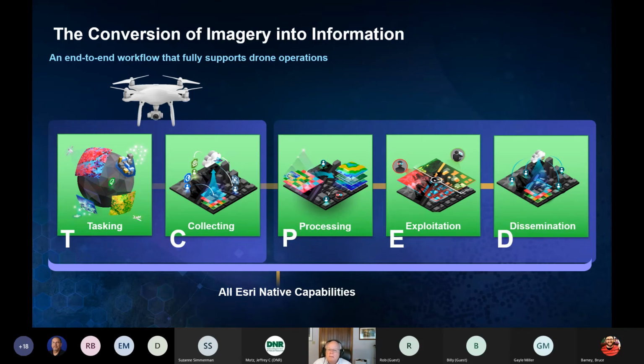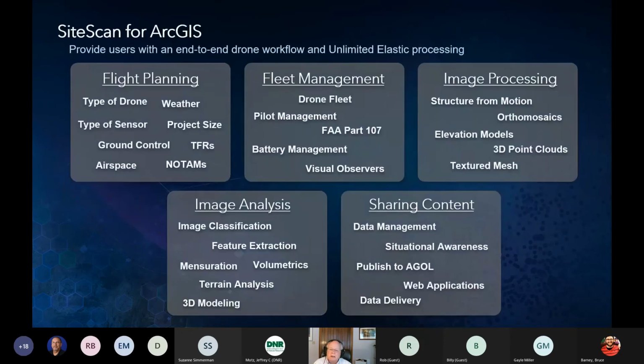So looking at SiteScan, again at a high level, it basically has the flight planning component. You can use the fleet management processes. It brings to the table more enhanced image processing and image analysis, and a richer set of tools in sharing the content.